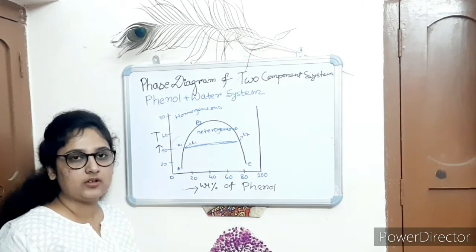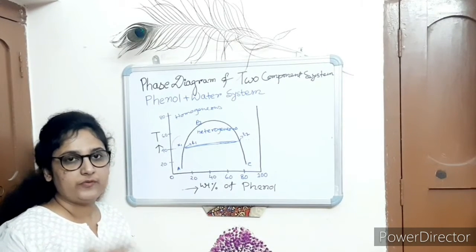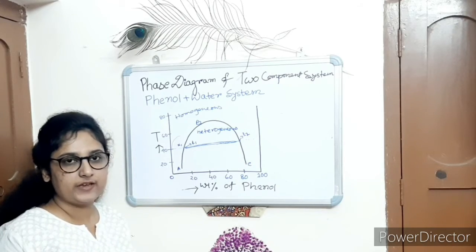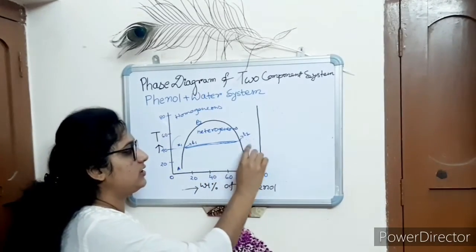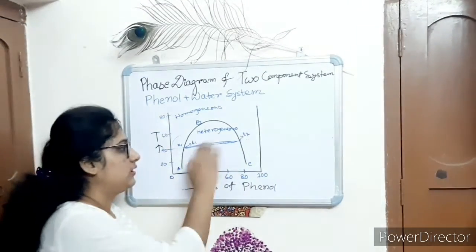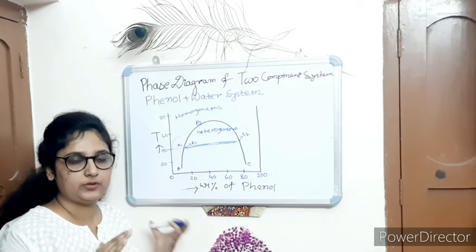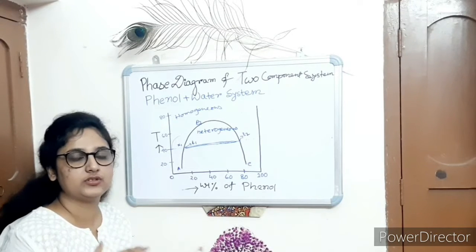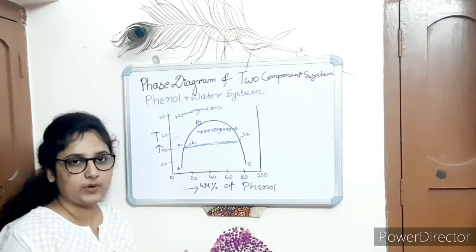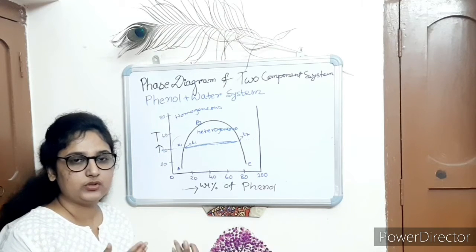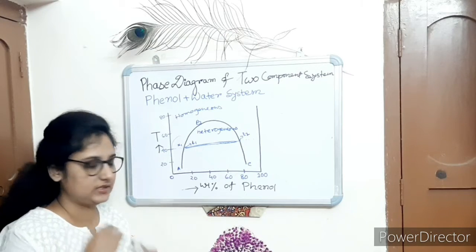So by keeping the temperature and pressure of the system constant, you can change the phase of the system. You are going from homogeneous to heterogeneous solution and then heterogeneous to homogeneous solution. So this L1 and this L2 point are the transition points between homogeneous to heterogeneous and heterogeneous to homogeneous solution. So the phenol water system shows this type of nature, that it can form both homogeneous and heterogeneous solutions depending upon the temperature and composition of the system.